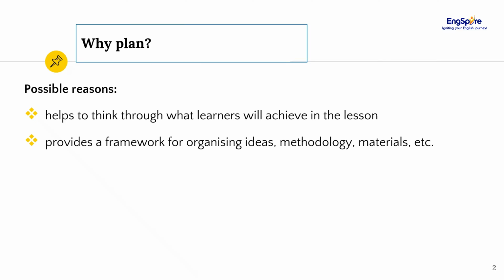A lesson plan also provides a clear framework for organizing our ideas. It helps us arrange the different parts of the lesson, including the teaching methods, activities, materials, and classroom procedures.